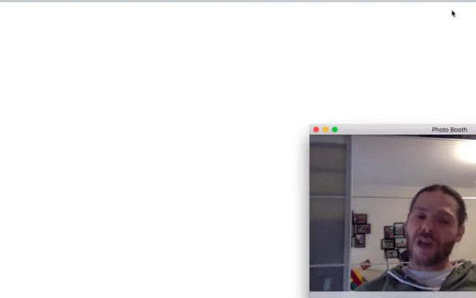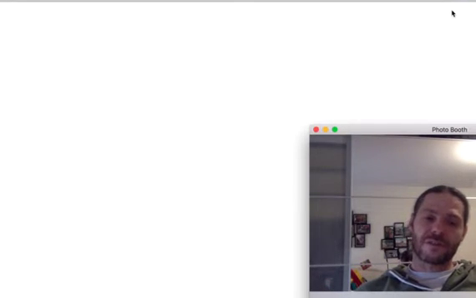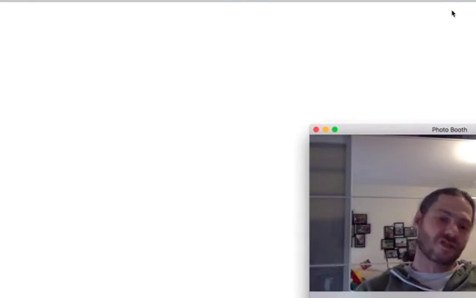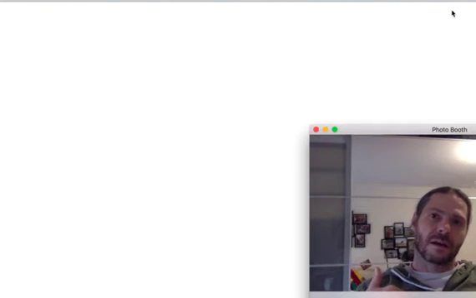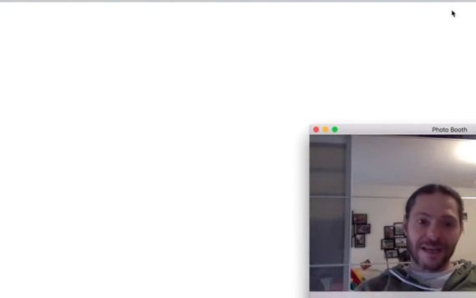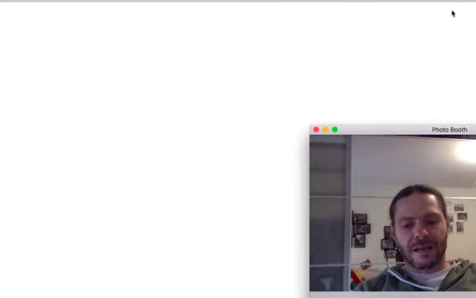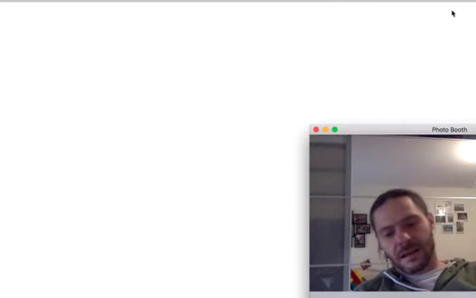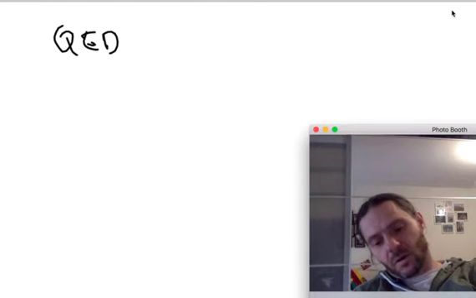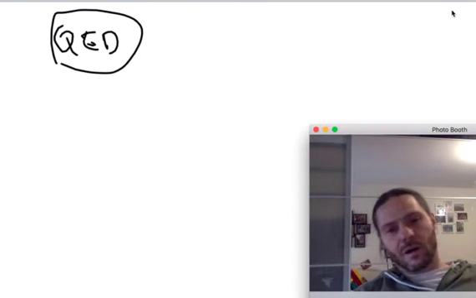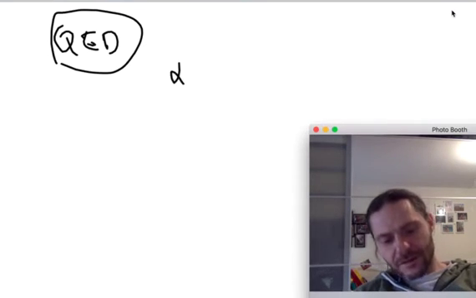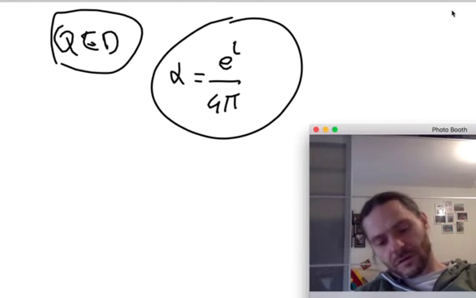There are situations, however, where perturbation theory is defined in terms of a dimensionless parameter. And the typical case are renormalizable field theories. An example that everybody probably has seen is quantum electrodynamics, or will see or has heard about. In quantum electrodynamics, the expansion parameter is the fine structure constant, which is e squared over 4 pi.